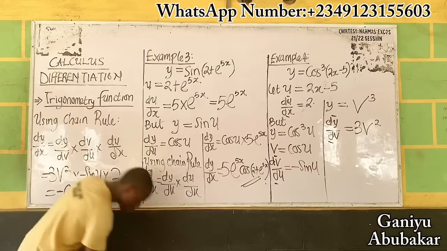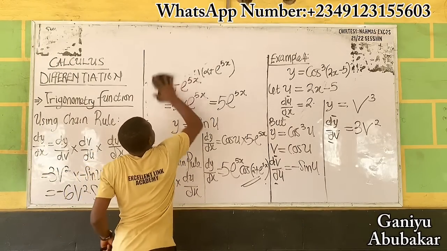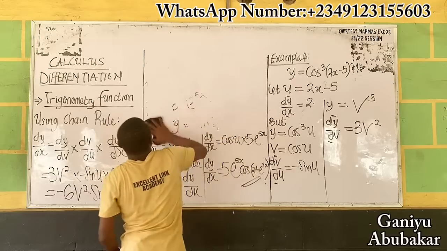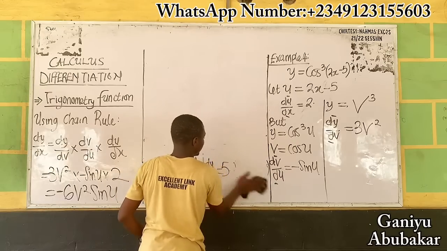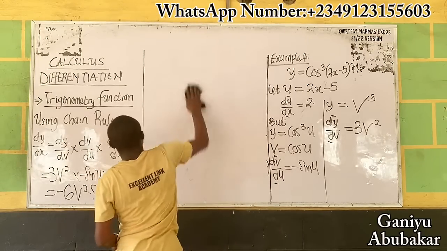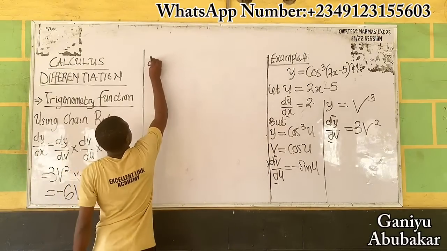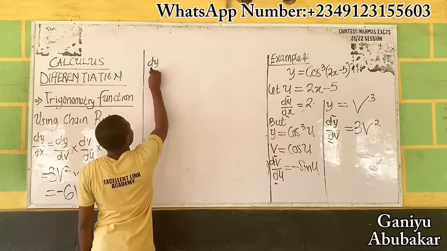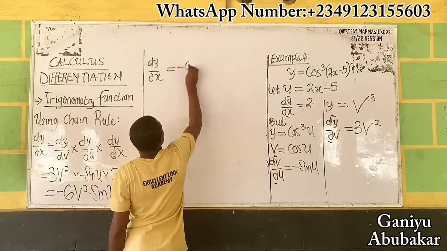Let's get this done. From here, I'll have that dy over dx is equal to minus 6.